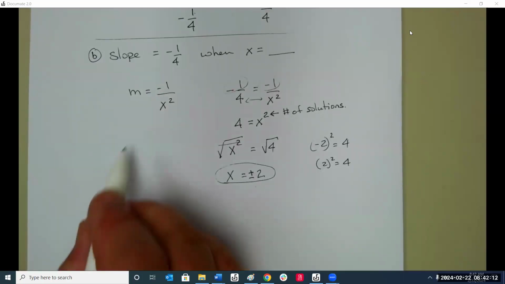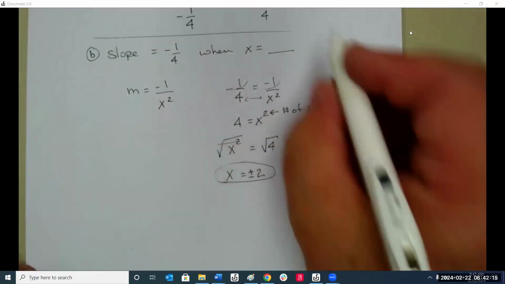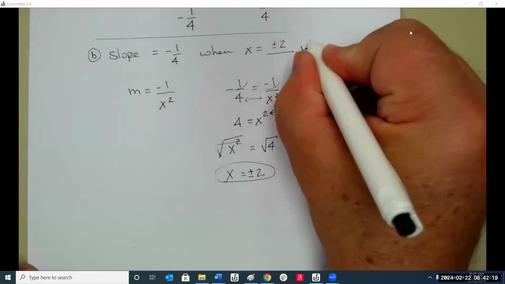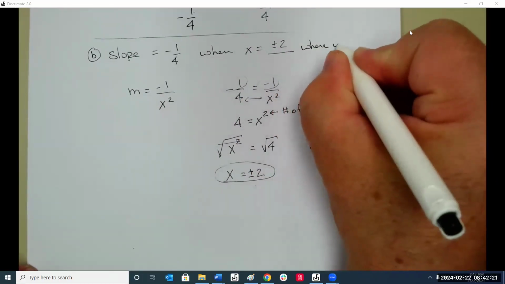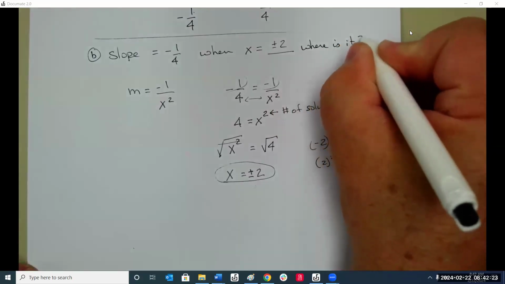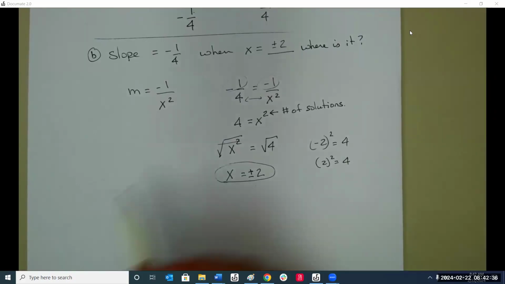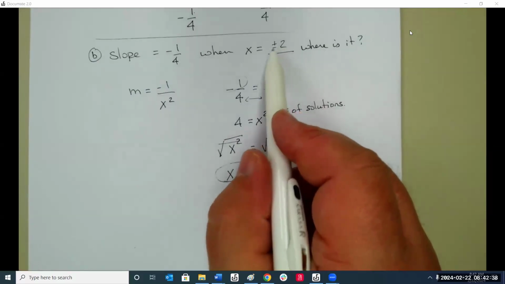No. What this is looking for is it's at positive and negative 2. Where is it? What are those points? We're looking for points here. Because the question says, where does the slope equal -1/4? Where on the graph? -2 and +2 is not on the graph.